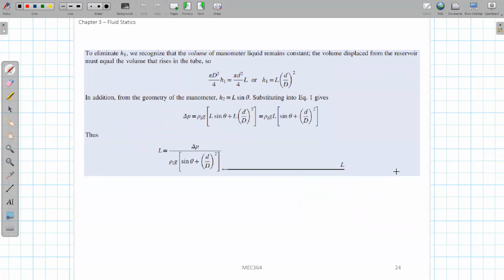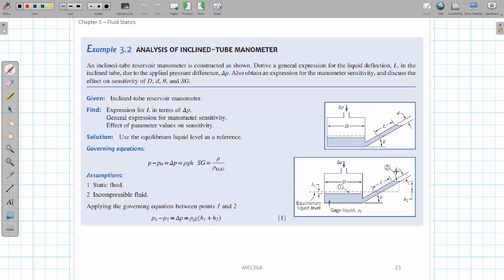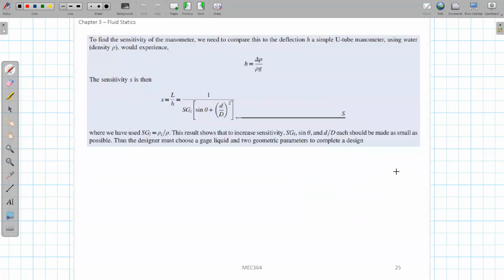After we have this correlation, the next question is what the sensitivity is. Manometer sensitivity. So first we need to define this sensitivity. The sensitivity is defined by comparing this inclined manometer with a straight manometer, the regular U-tube manometer.